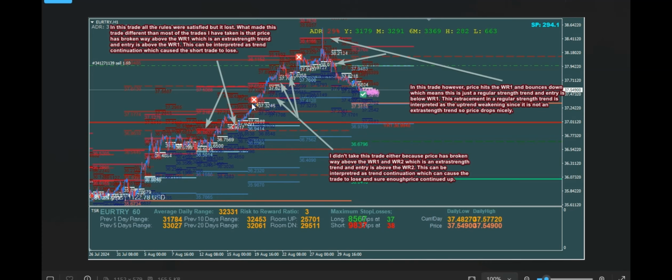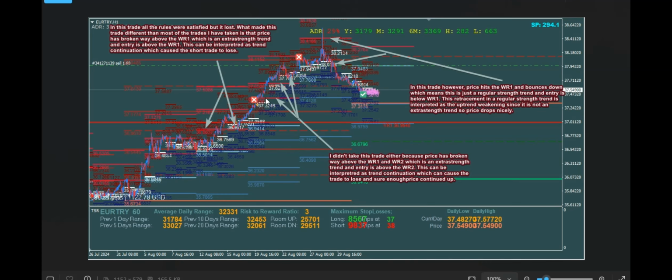The best option, the best scenario, is to wait for price to hit a weekly R1 and bounce down from that weekly R1, because that would be a regular strength trend and not an extra strength trend, okay? So as you can see here, after I get stopped out, price moves, this is the new week, and you have the weekly R1 here.